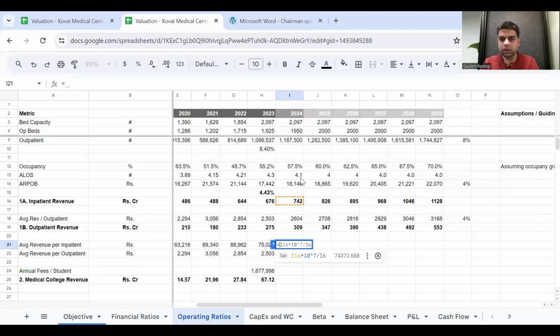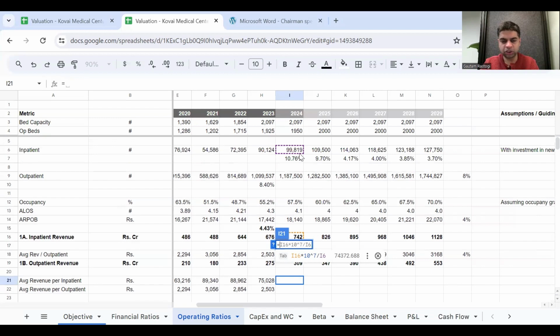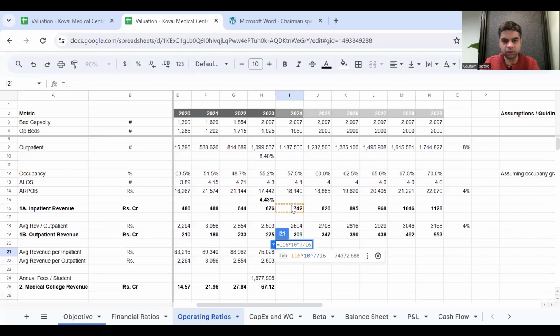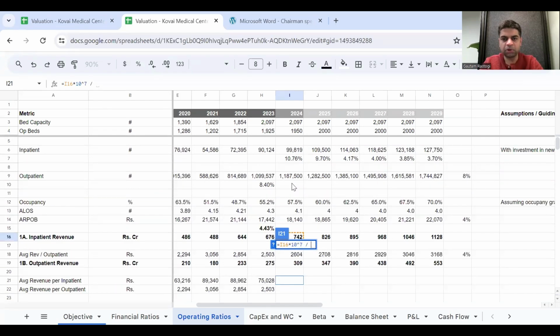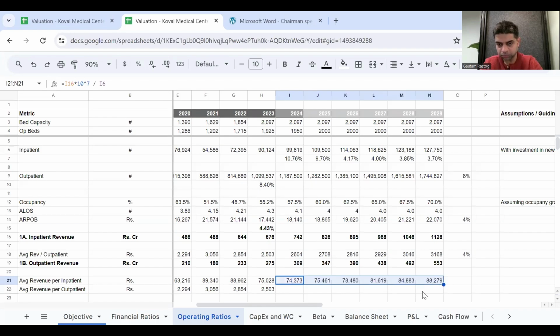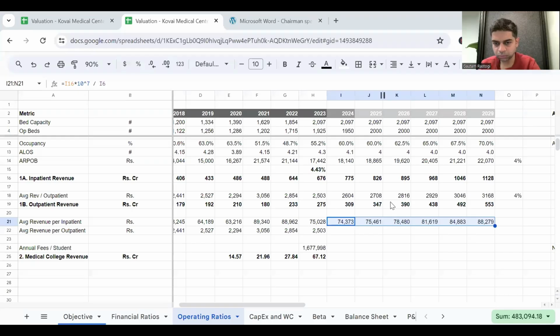So average revenue per inpatient would be the revenue from inpatients divided by the number of inpatients. All right.